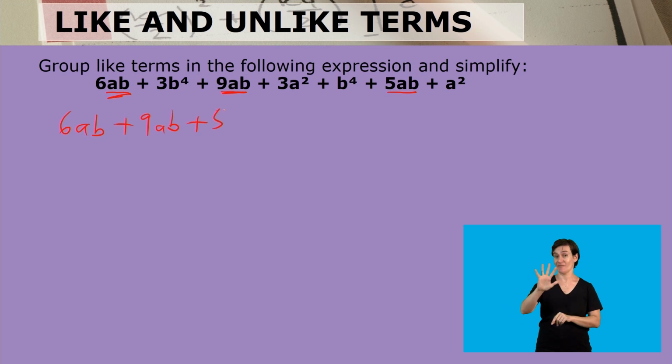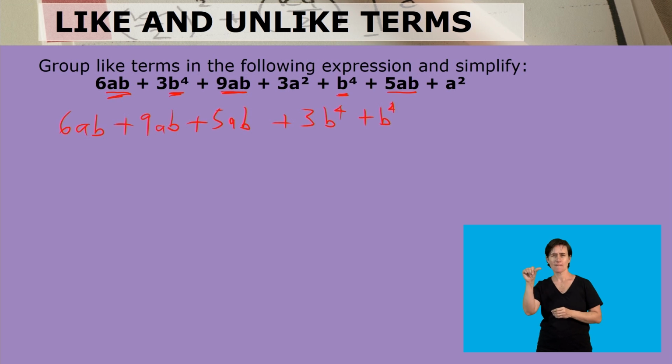That also will then be grouped together, and then I'm done with the ABs, and then I look at the next term, which is b to the exponent 4, and then I have another b to the exponent 4, so those will be grouped together. So it's 3b to the exponent 4 and b to the exponent 4.